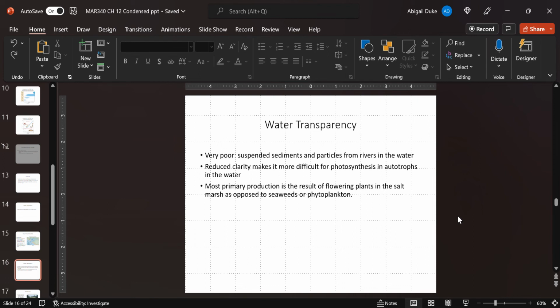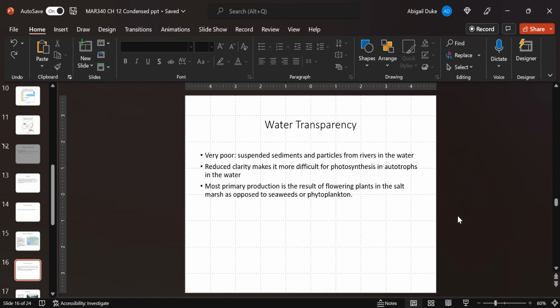Water transparency. Very poor. Suspended sediments and particles from rivers in the water. Reduced clarity makes it more difficult for photosynthesis and autotrophs in the water. Most primary production is the result of flowering plants in the salt marsh as opposed to seaweeds or phytoplankton. Yeah, because think about it, the water transparency is very low.